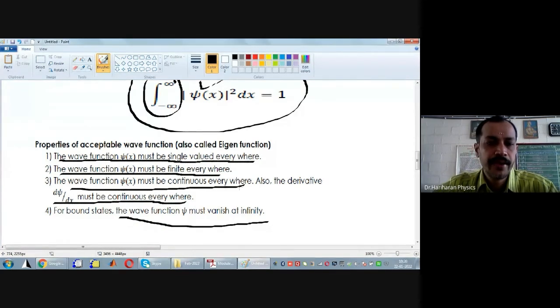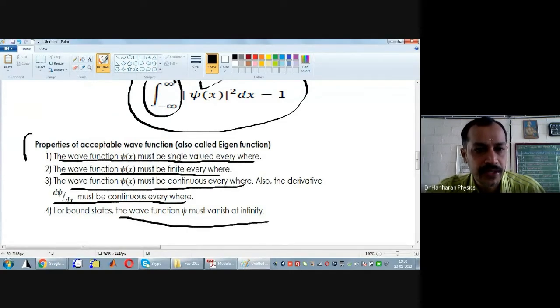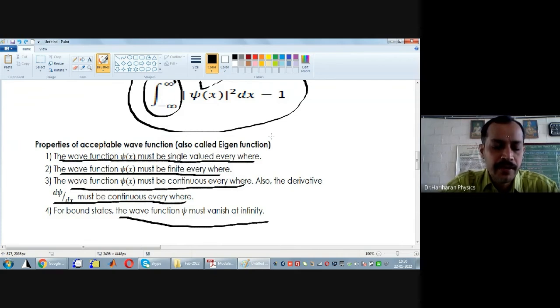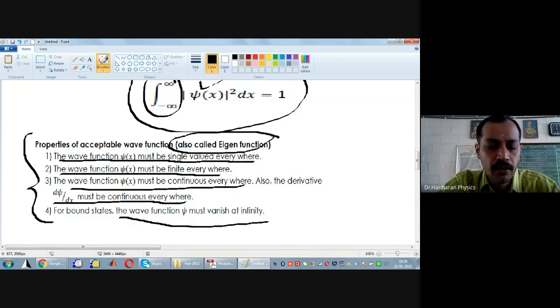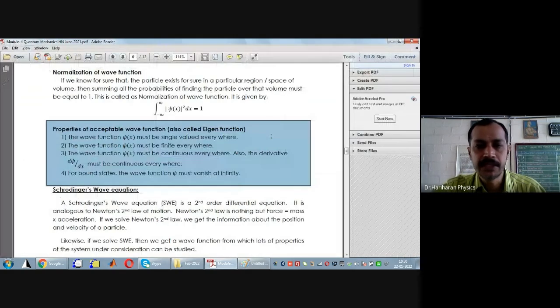Any wave function, any mathematical function that has these four properties, is called an eigenfunction. So what are eigenfunctions? Any mathematical function psi of x that has these four properties is called an eigenfunction. Okay, this much is clear.